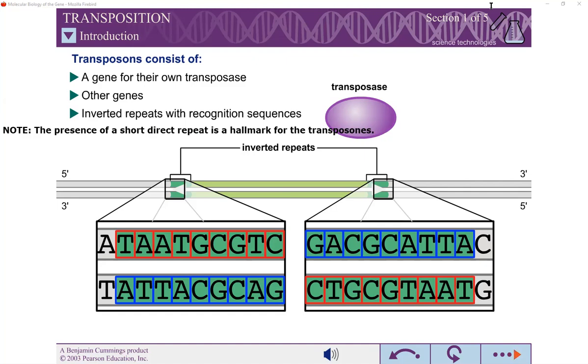As these are inverted palindromic sequences, they can be effectively recognized by restriction endonuclease enzymes.